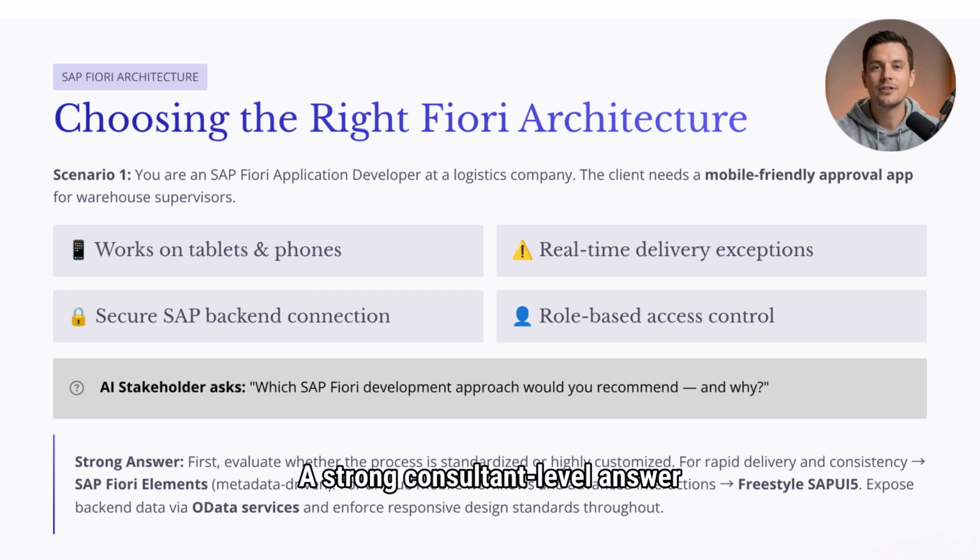A strong consultant-level answer would be, for this scenario, I would first evaluate whether the business process is standardized or highly customized. If rapid development and consistency are priorities, I would recommend SAP Fiori Elements because it uses metadata-driven development and accelerates delivery.